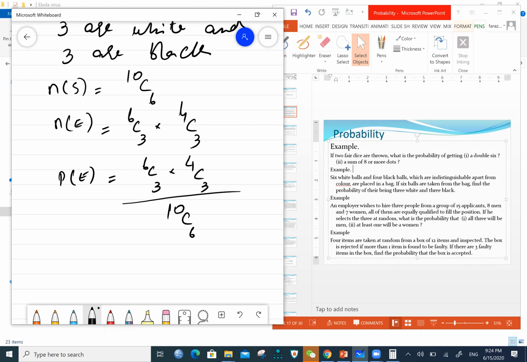We are selecting 6 balls out of 10, 3 are black and 3 are white. In total, you can see 3 plus 3 is 6, 6 plus 4 is 10. Did you get my point? Is that clear?